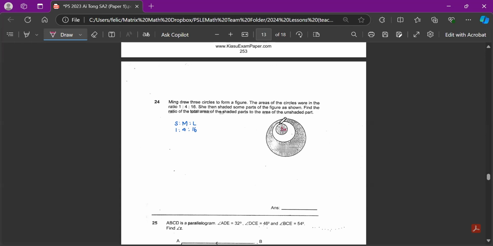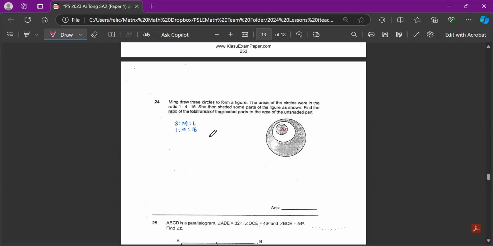Let's figure out how many units the white part is. You cannot say 4U is the white part. Cannot, because 4U is the whole medium circle, including this one. Together, 4U is the whole entire medium circle, but this white color part is only partly exposed. The medium circle is partially exposed.